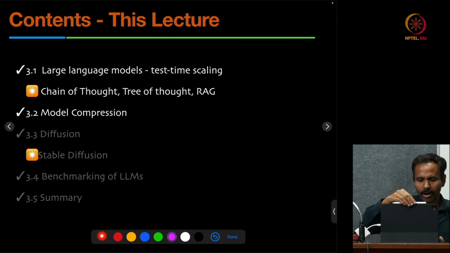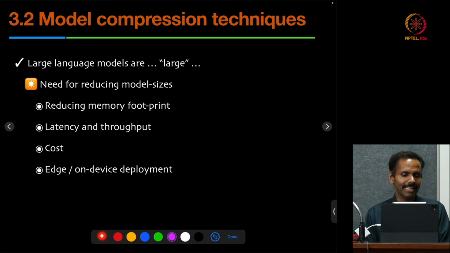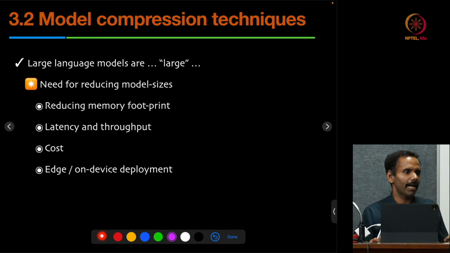Right. So, model compression, why do we need it? The first question we want to ask, because large models are large. There is no reason to further motivate them, but there could be certain specific purposes why you want to apply compression.